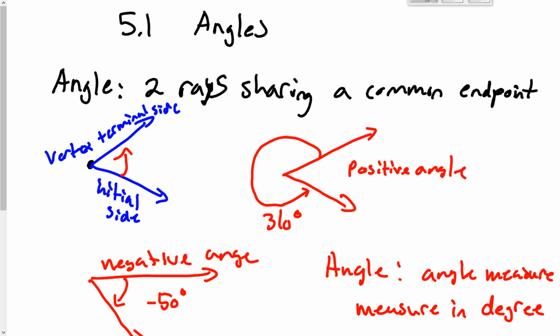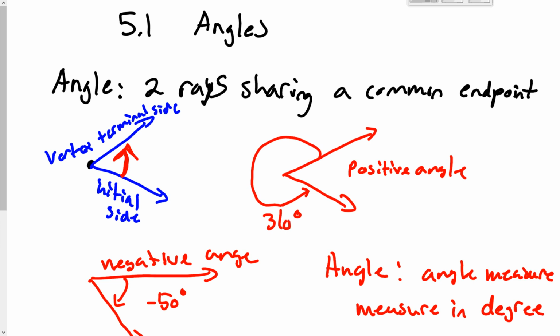On our rays, one side is called our initial side, and then we open it up. If we open it up counterclockwise, like right here, where we end is called our terminal side, and our vertex is where we have that common point.